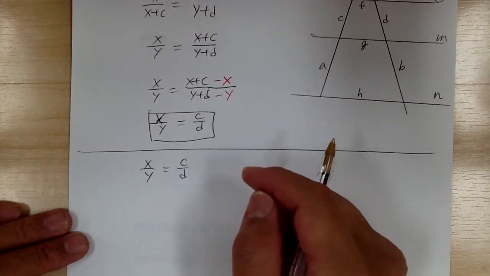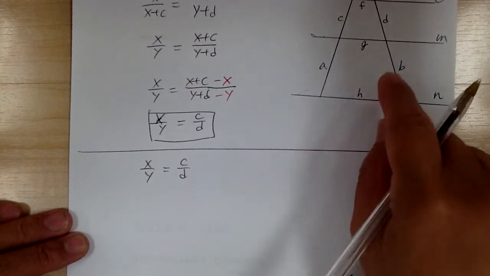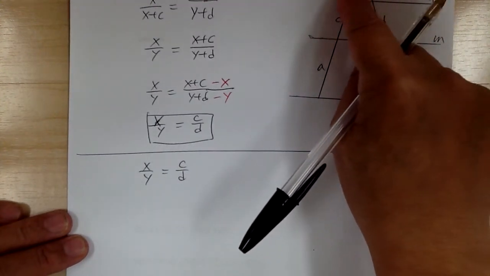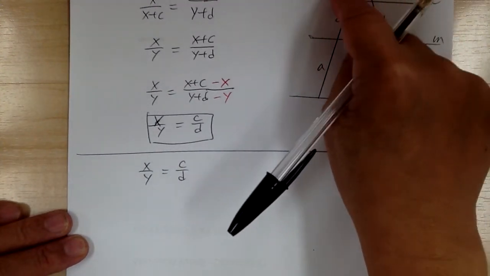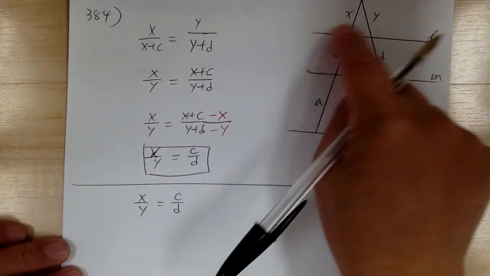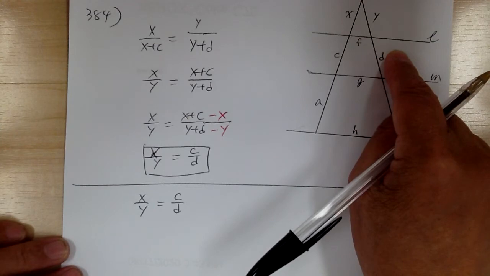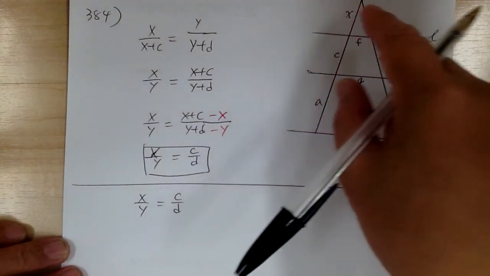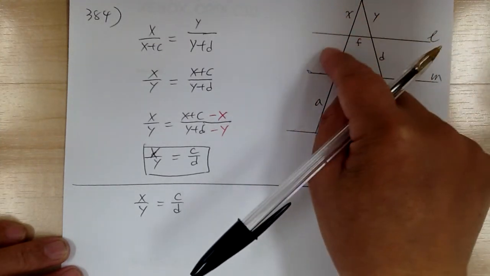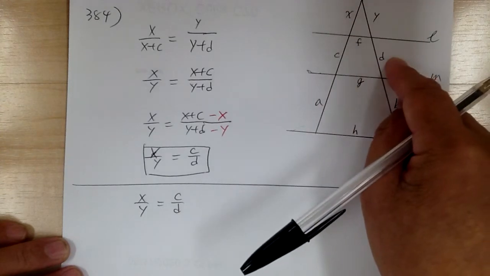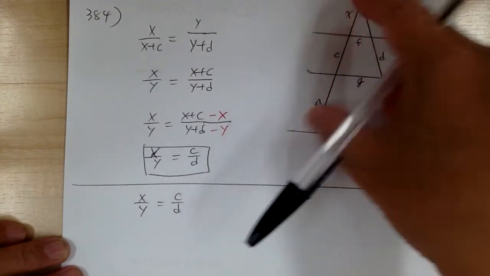And so now I establish that I can use this over this equal to this over that. Okay. So just by that analogy, if this is equal to this over this, then this will also equal to this over this.